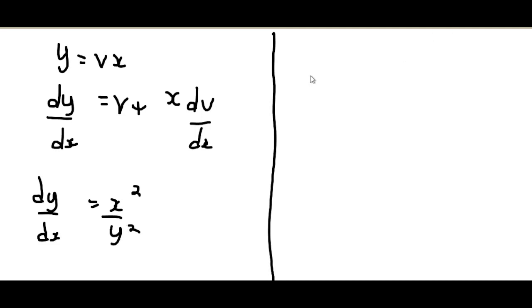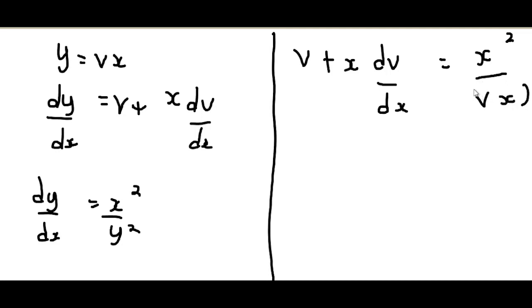So where we have dy over dx, we substitute it with v + x dv over dx equals, where we have y, it will be x squared, and the value of y we have seen equals vx, so (vx) squared. Here we can cancel out, since there is an x squared here and also an x squared here, so we're left with v + x dv over dx equals 1 over v squared.